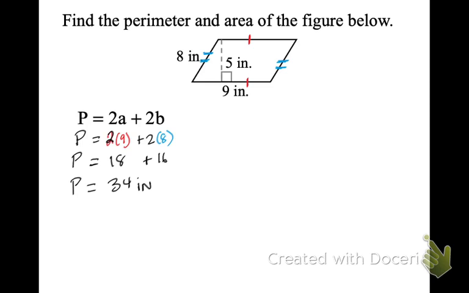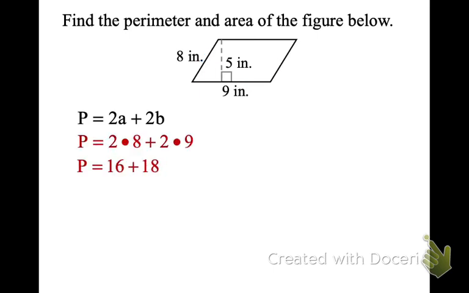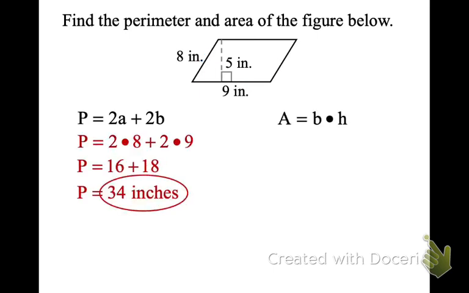Okay, let's try our area now. Area equals base times height. So for the base, we're looking for that perpendicular with that right angle. The base is 9, and the height is not the slanted 8, but the perpendicular dashed line, 5. So we're really just multiplying 9 times 5.